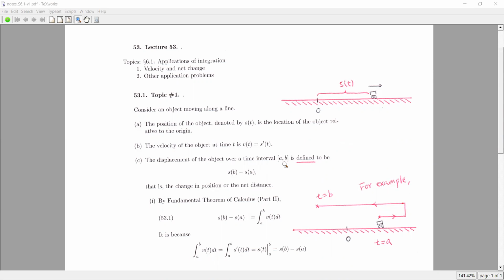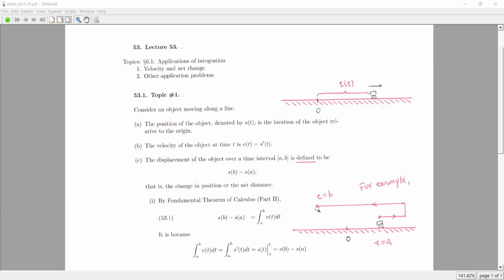And I suppose in this time interval, the object first moves in the positive direction, then moves in the negative direction. And when time is B, the position of the object is here.